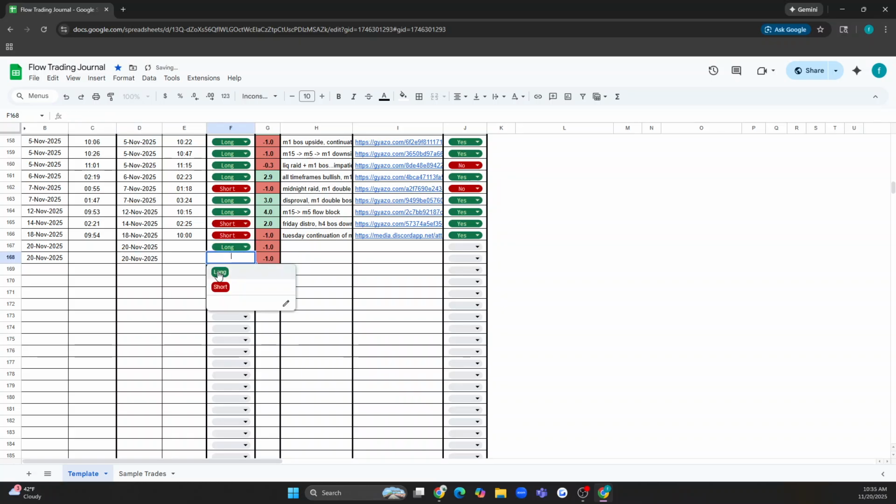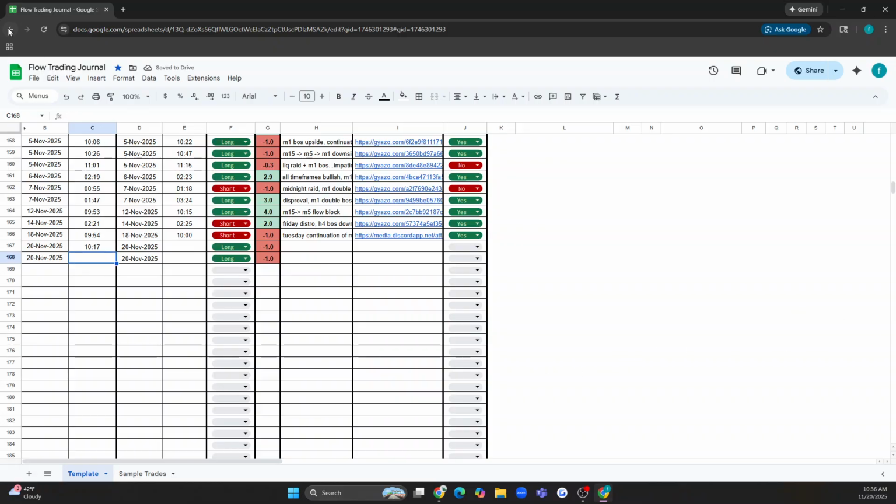All right, so both of these were long trades that we took. First trade was taken at 10:17.